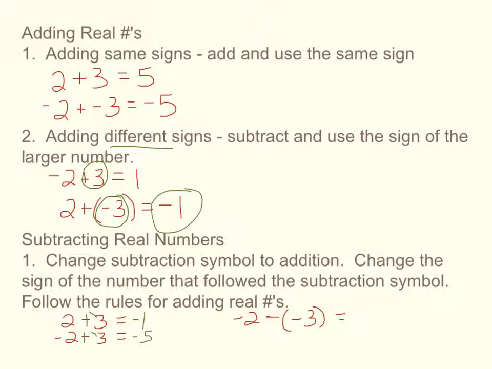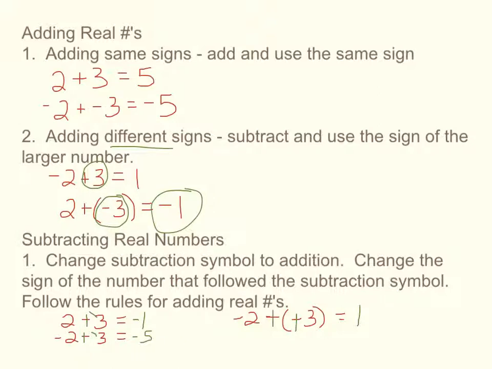So that becomes a negative 2 plus positive 3. I change the subtraction symbol and change the sign that follows the subtraction. So now I have negative 2 plus 3. Those signs are different. I'll subtract the numbers. So 3 minus 2 is 1. And the bigger number is positive, so my answer is positive 1.